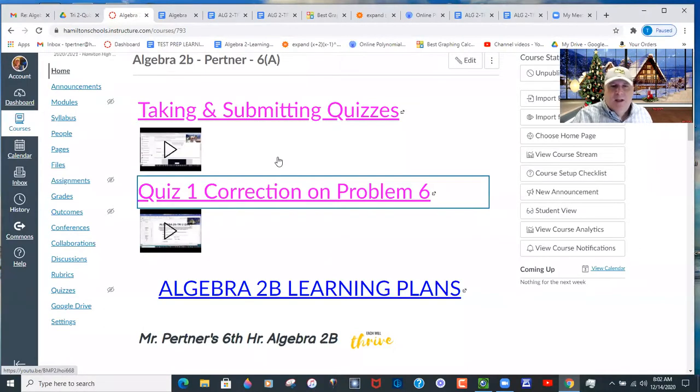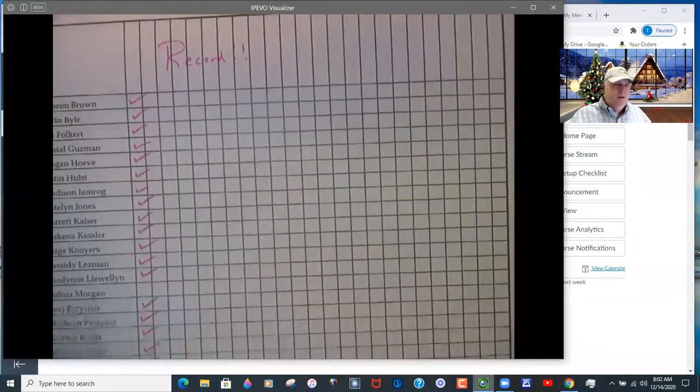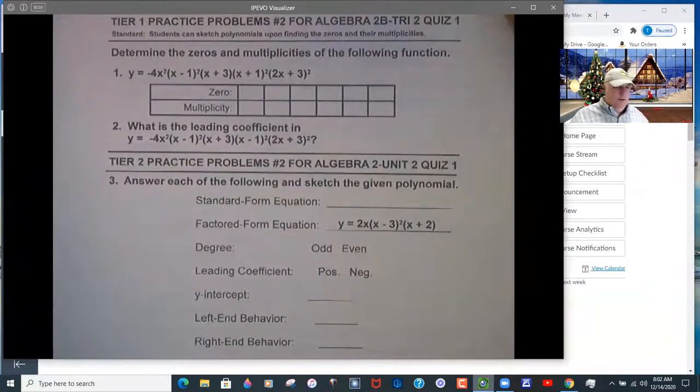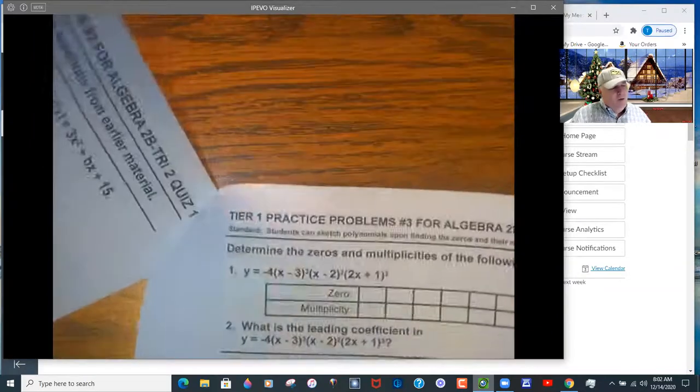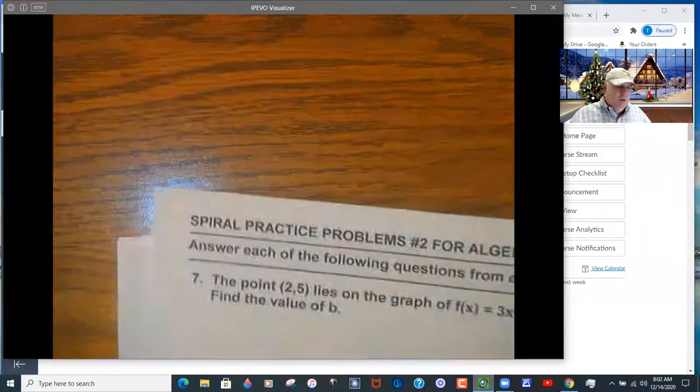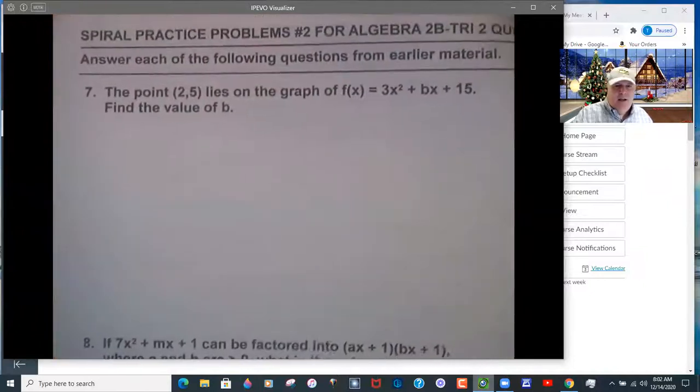Another thing I'm going to forget to say, but I'll end up posting it before you start on your quizzes, is that the spiral questions are optional now. But I encourage you to do them, because it should be an easy A. It's like a separate quiz grade, and it's only a couple problems. I'm going to do practice quiz 2, which is not on any of the videos.